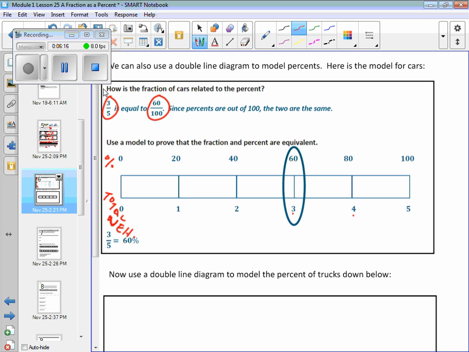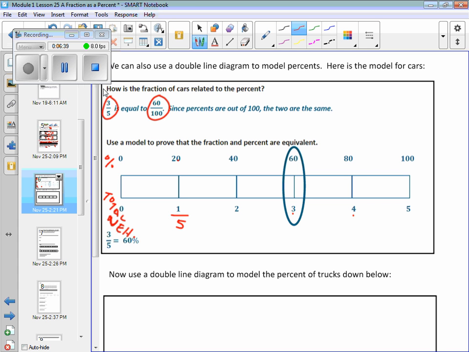This number 1 is representing a total vehicle, but it's a total vehicle of how many, 1 out of how many? How many total vehicles were there? Connor. This is really 1 out of 5, which is the same as 20%.